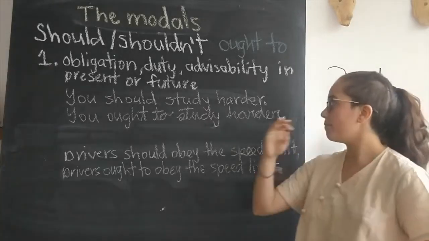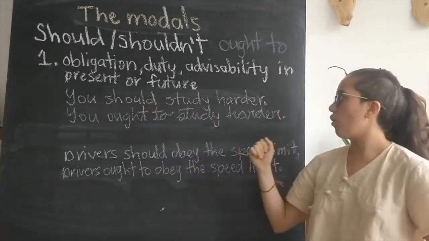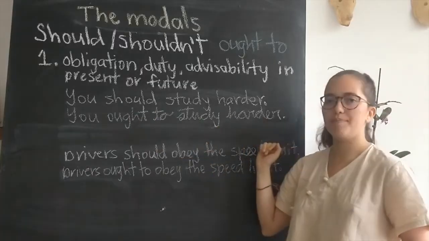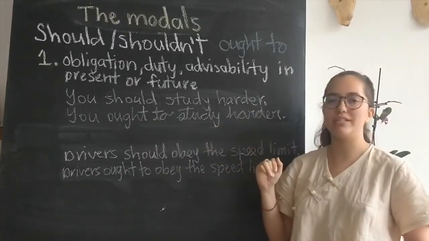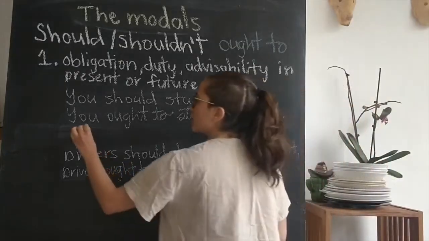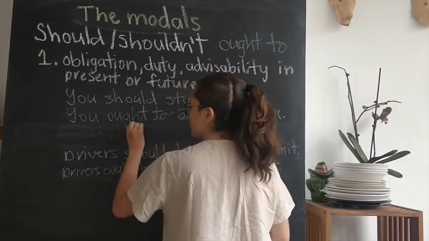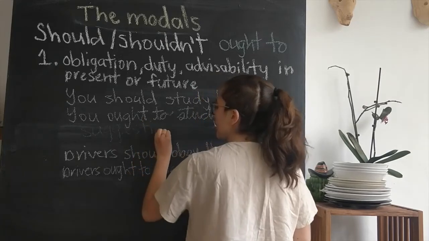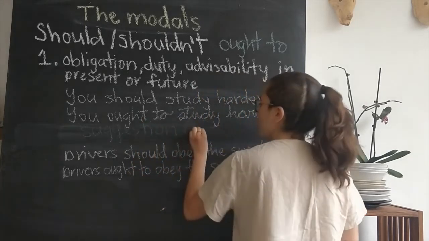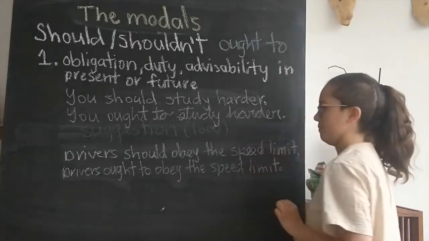For example, you should study harder or you ought to study harder. Both these sentences have the same meaning and they are suggesting you study harder. So it is a suggestion, a low level of obligation.